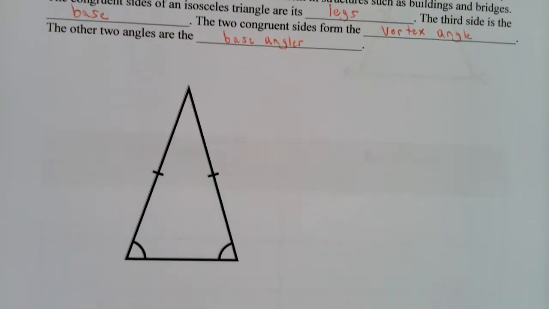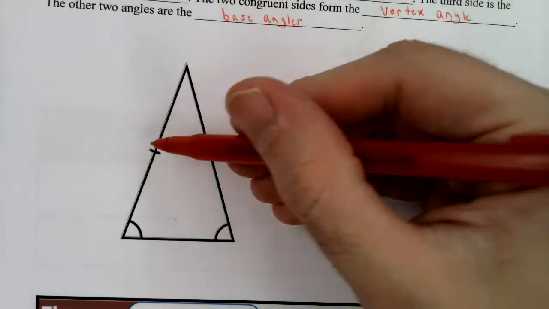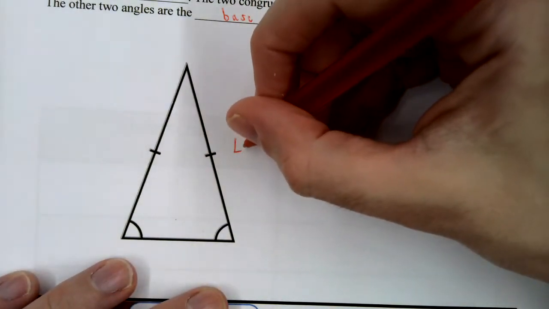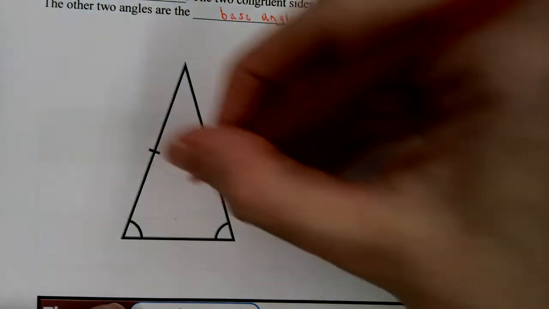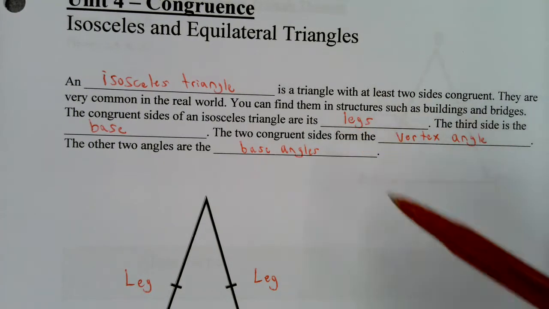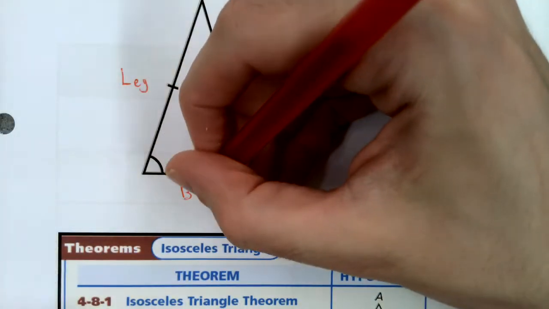So I have an isosceles triangle right here. So again, the congruent sides, like we said above, those are the legs. So let me just label that to show you what we just talked about. That's a leg, and that's a leg. Okay, the third side is called the base, so this will be my base.